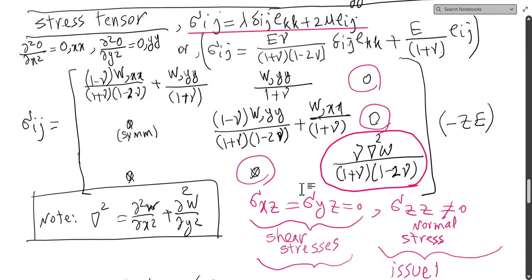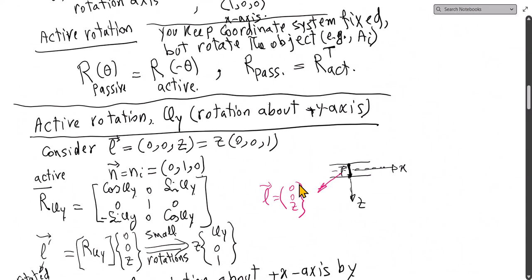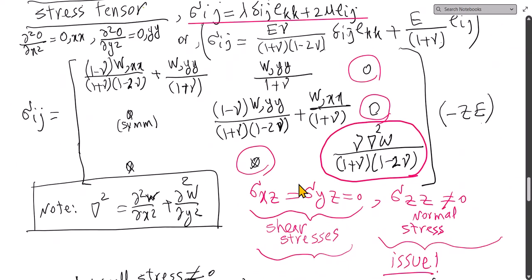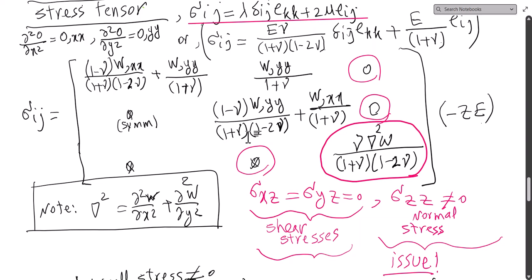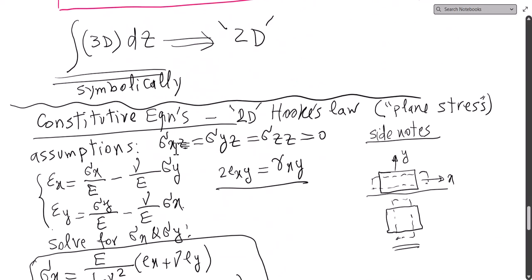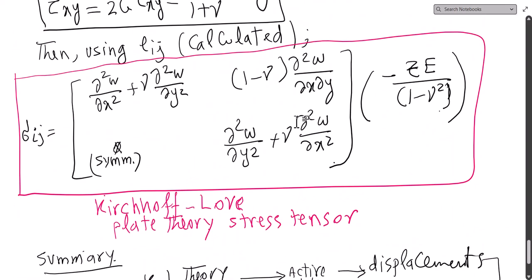The first two videos were some background that I explained, and this video goes to the relationship between kinetics and kinematics, and points out some dilemmas, some discrepancy that we get in this theory, and then how to resolve this discrepancy, and then finally how to get to our stress tensor. Thank you.